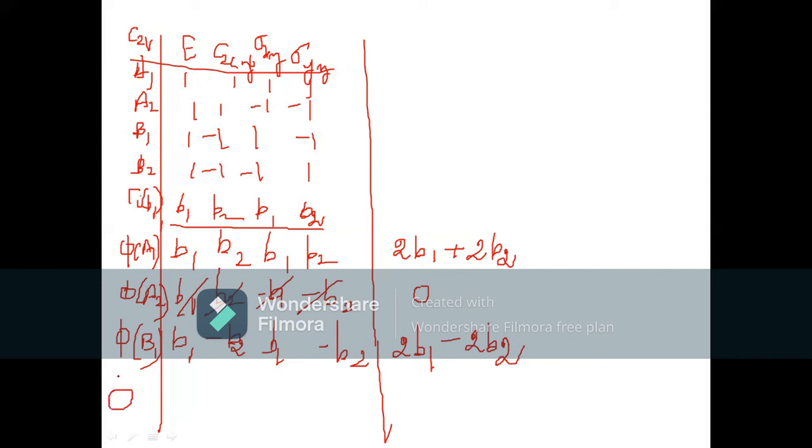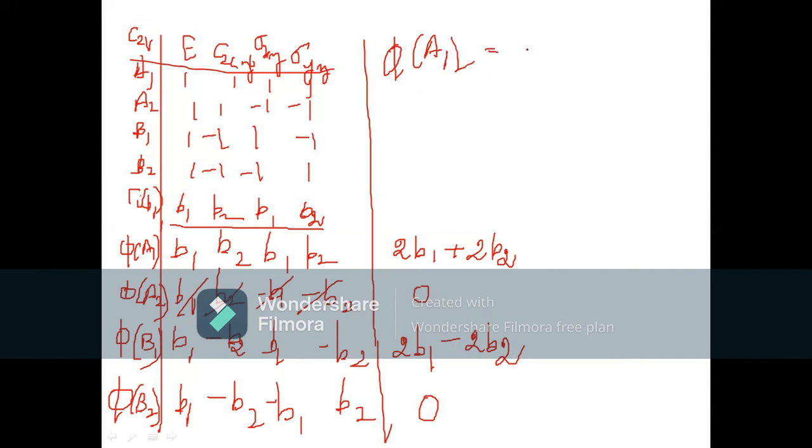And finally phi of B2 is equal to B1 minus B2 minus B1 plus B2, so you get 0. So finally what you get is phi of A1 is equal to 2B1 plus 2B2.